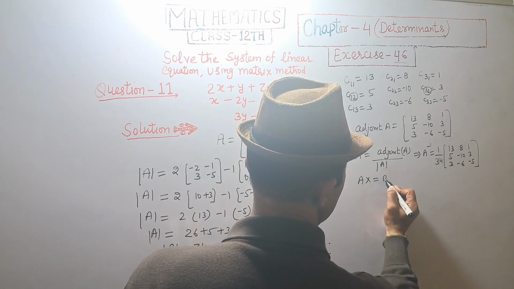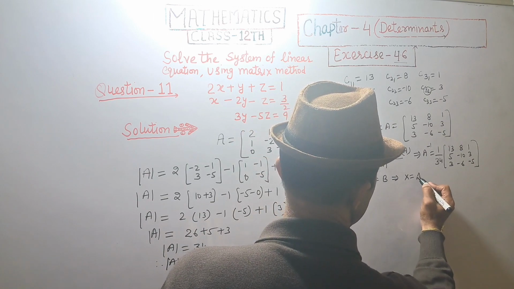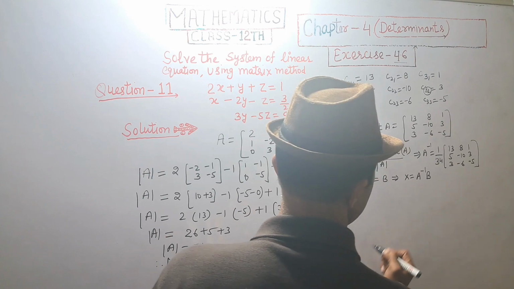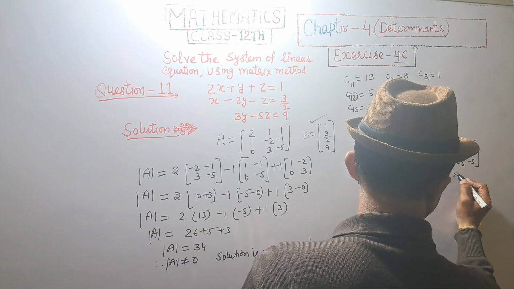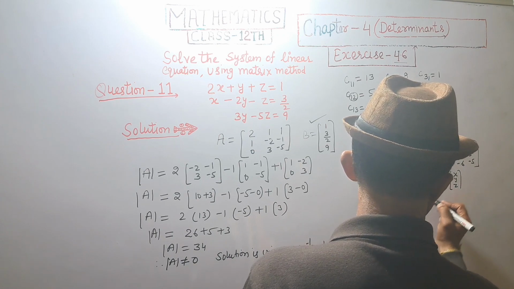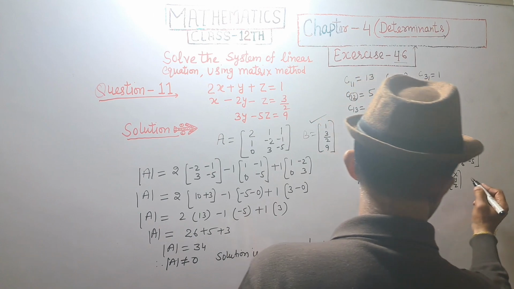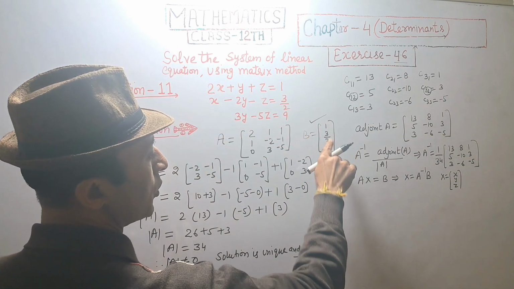AX is equal to B. This implies X is equal to A inverse B. X is the column x, y, z, and B is 1, 3 upon 2, and 9.